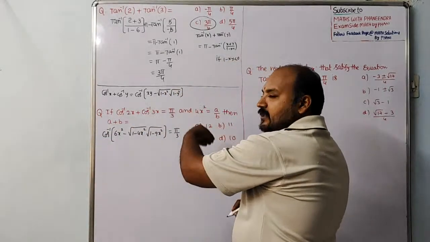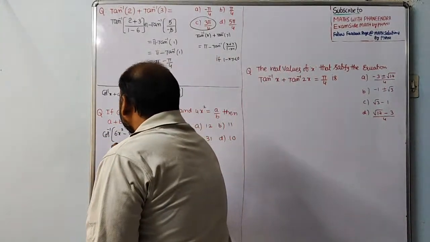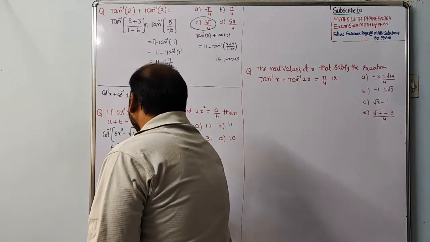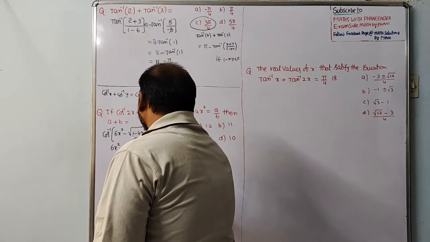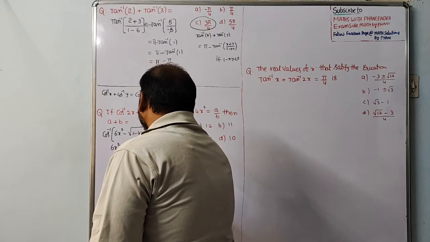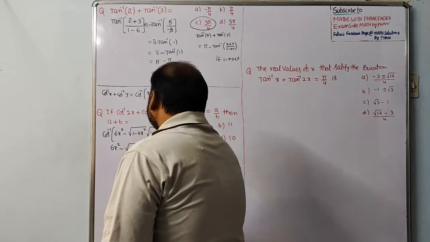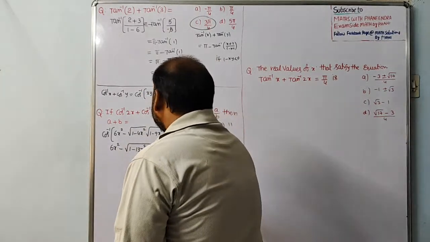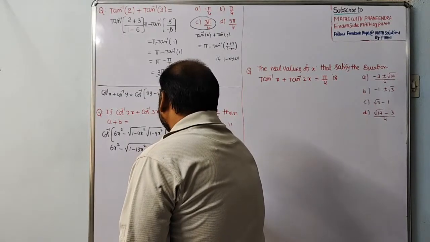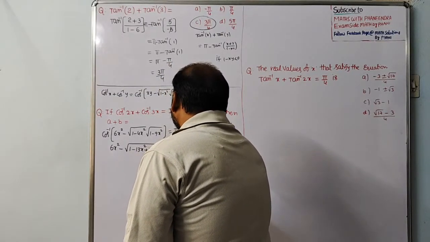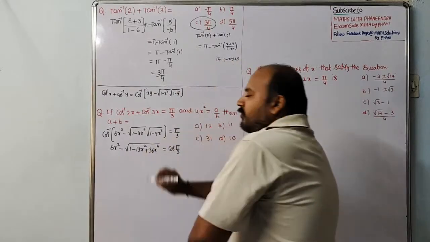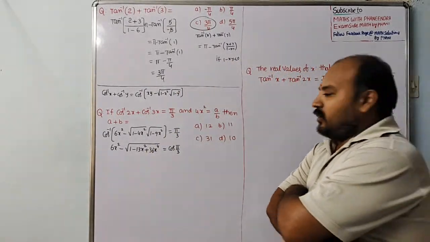So cos inverse, bring this side, it becomes 6x square minus root of (1 minus 4x square)(1 minus 9x square), that is 1 minus 13x square plus 36x power 4, is equal to cos pi by 3. Pi by 3 means 60 degrees only. So cos 60 degrees is equal to 1 by 2.